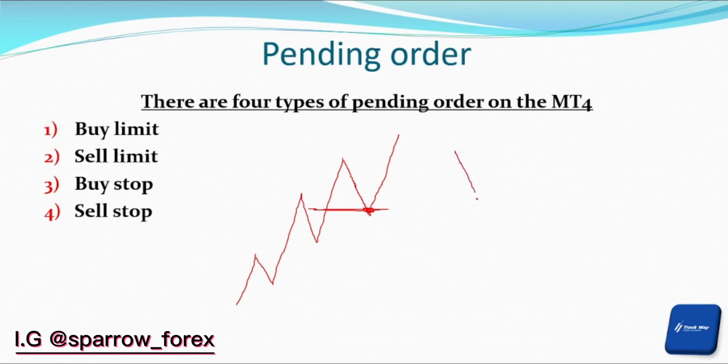Now when price is moving down, and then it starts retracing to the upside, you want to set your sell limit somewhere above the current market price, expecting price to push all the way to your order, trigger your order, and then start selling.